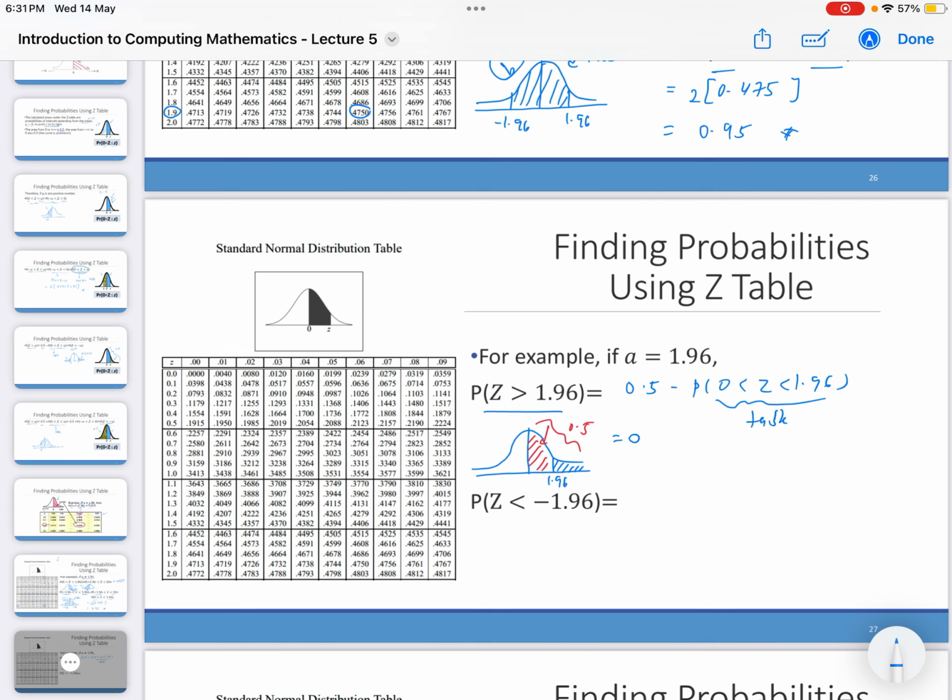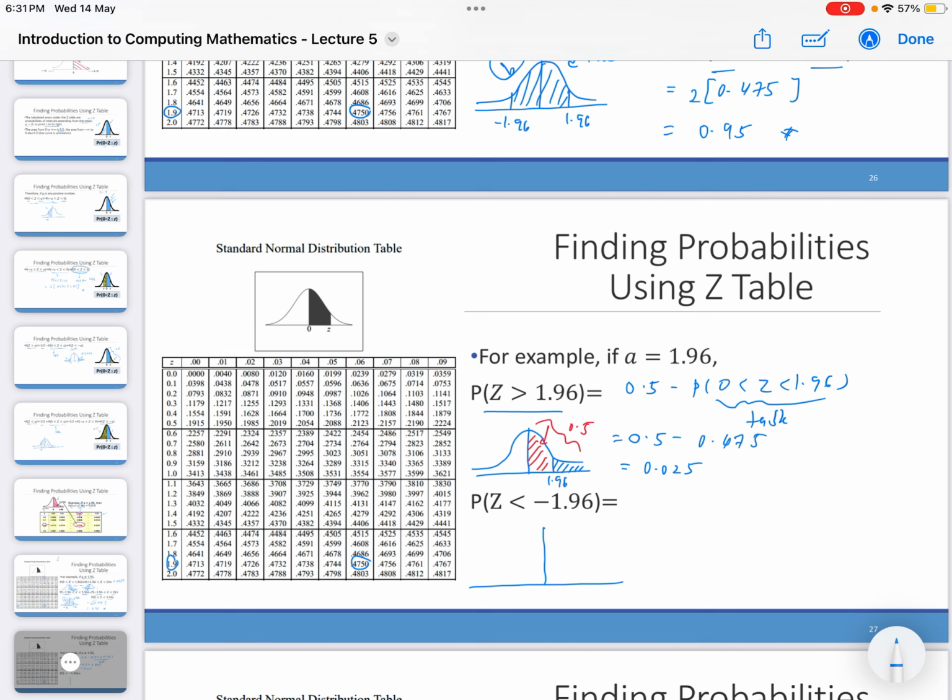So this one equals to 0.5 minus 0.475. So this one 1.96. Okay. And then the answer here is 0.025. So we do the same for this one.